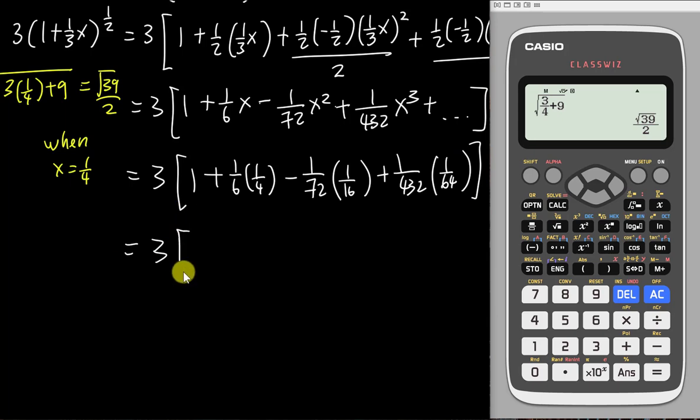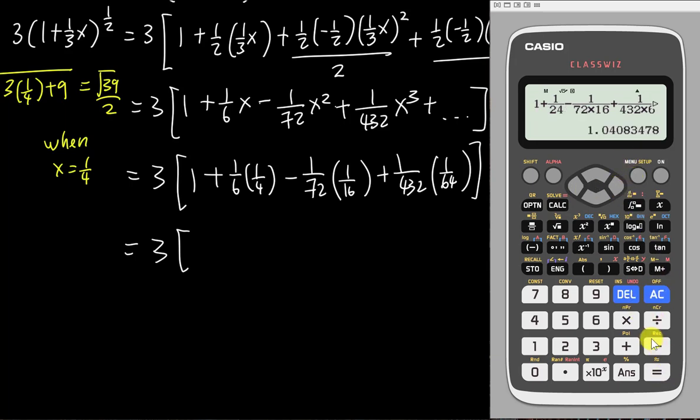So this one I will just use a calculator, definitely. 1 plus 1 over 24, 6 times 4, and then minus 1 over 72 times 16 at the denominator. Then plus 1 over 432 times 64. Okay, so yeah, I think I shouldn't add the bracket, isn't it? Yeah, because you don't have the bracket.